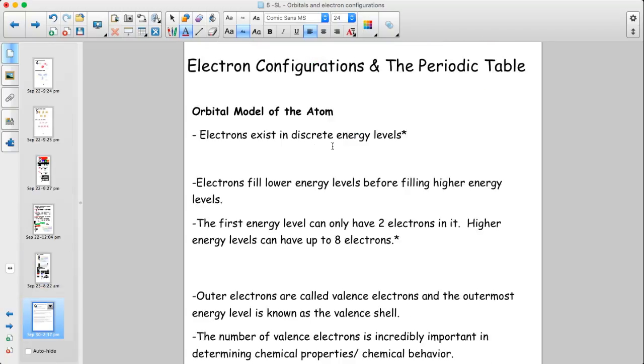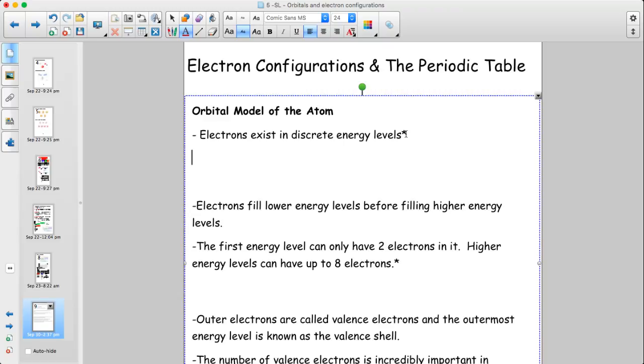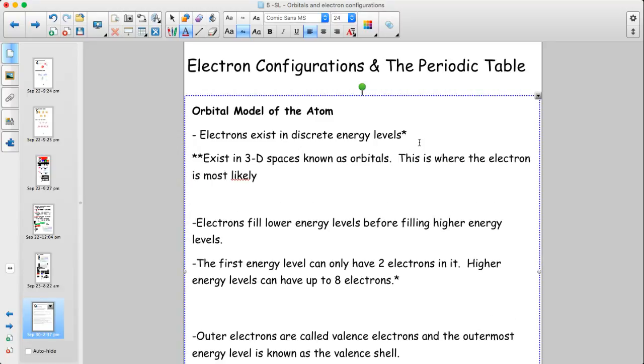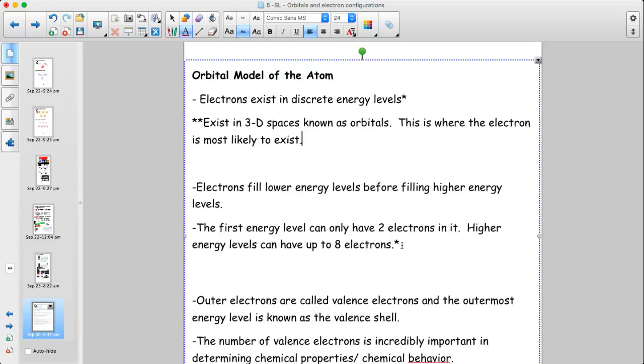So to wrap up the orbital model, instead of electrons existing in discrete energy levels, we now say that electrons exist in 3D spaces known as orbitals. Okay, this is where the electron is most likely to exist. Okay, the other parts are still mostly the same.